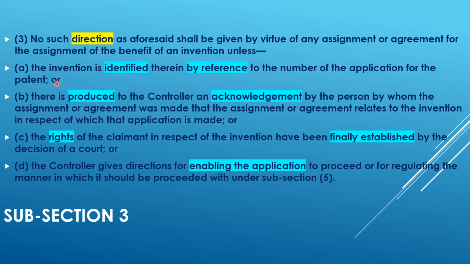Okay, and it has some clauses which implies that either of the four clauses should be satisfied for the assignment of the benefit of an invention by any assignment or agreement. I think now it is clear. Okay, so let us proceed.